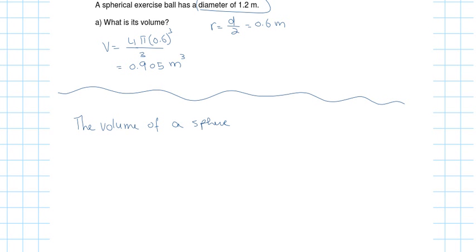Okay, the volume of a sphere is, give me a number, 257 centimeters cubed. Find the radius.